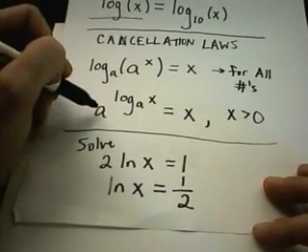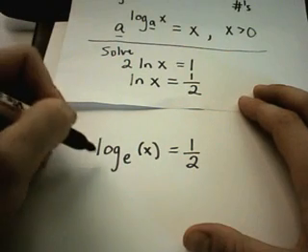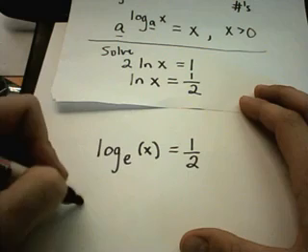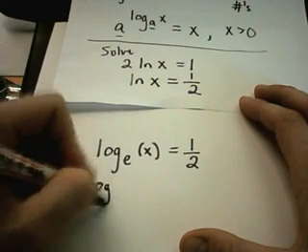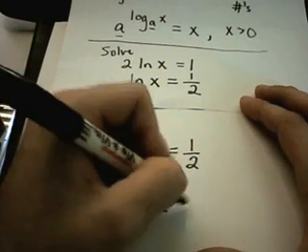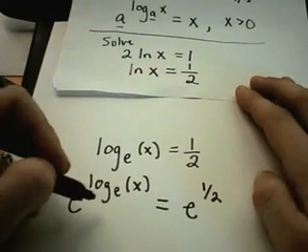So now I'm going to use this property. It says whatever the base is, you raise both sides to that base. So I've got log base e. I'm going to take e and raise it to the left side. Well, if I take e and raise it to the left side, I have to take e and raise it to the right side.